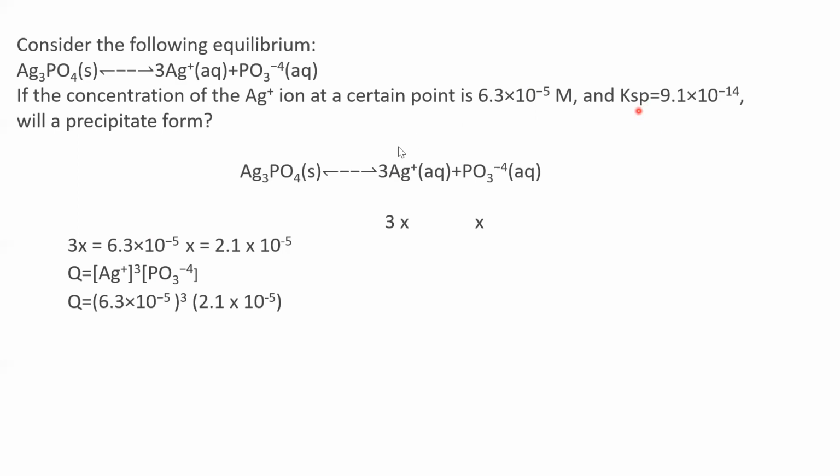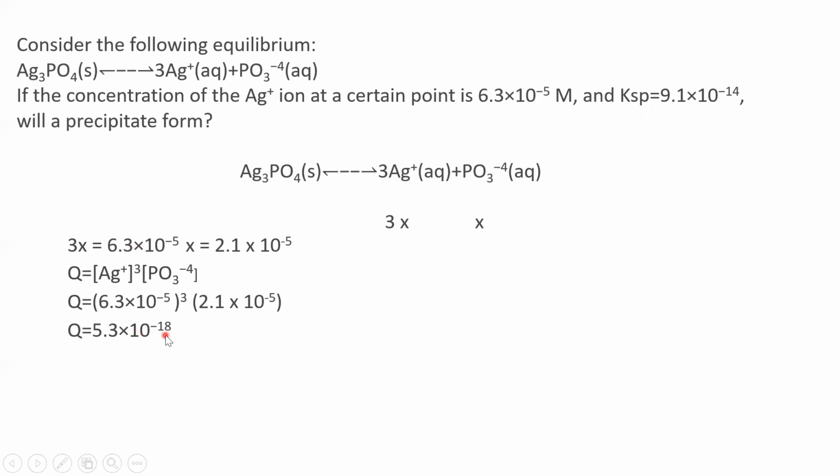Okay, so 6.3 times 10 to the minus 5 cubed times 2.1 times 10 to the minus 5. Calculate that value, compare it to K. All right, so for Q, I'm getting 5.3 times 10 to the minus 18.